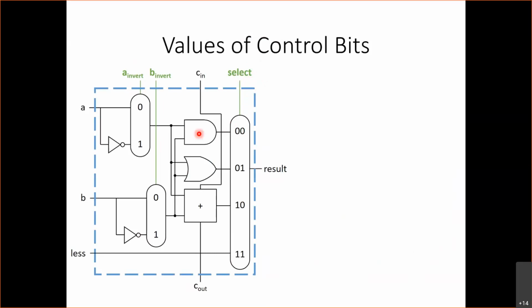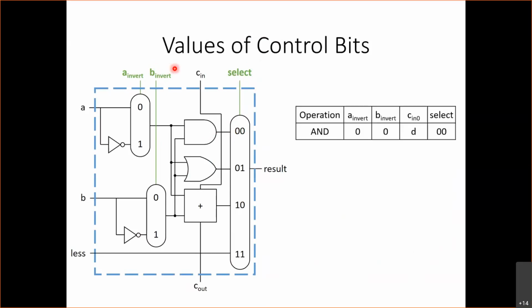I'm doing an AND operation, so here select is going to be 0, 0, right? And what are A invert and B invert going to be? A invert is going to be 0, B invert is going to be 0. If I pass this to my ALU, that's going to perform an AND operation.